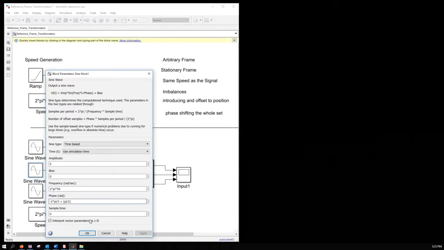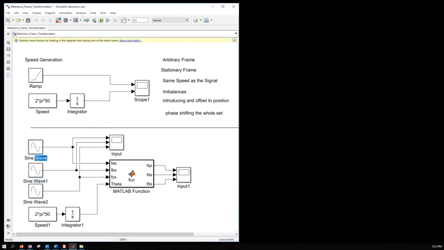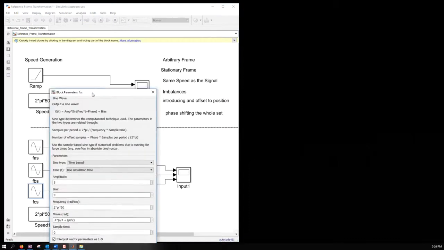This is the FBS. So we can even name them, right? You can call this FAS, you can call this FBS, and you can call this FCS. If you go inside here, you're going to see the same relationship.